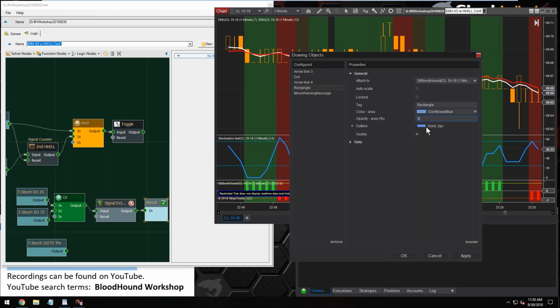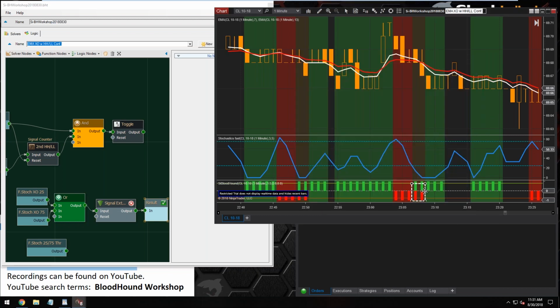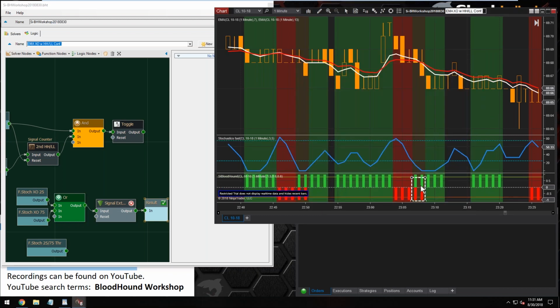Just a moment while I set my colors up for this. All right, so there we go. If we look at BloodHound's output here, we have a long and a short at the same time, because the stochastic crossed 75 and then crossed 25 very quickly, in less than that 5-bar period.